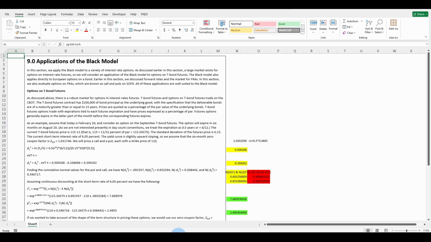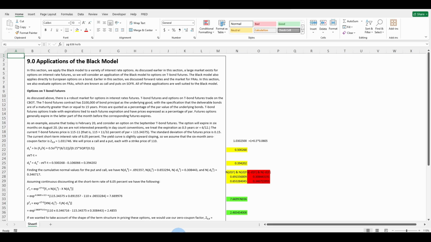Future options generally expire in the latter part of the month before the corresponding futures expire. As an example, assume that today is February 20 and consider an option on the September T-bond futures. The option will expire in 6 months, on August 20. As we're not interested presently in day count conventions, we treat the expiration as half a year, or 6/12. The current T-bond futures price is 115 and 11/32% of par, which equals 115.34375.